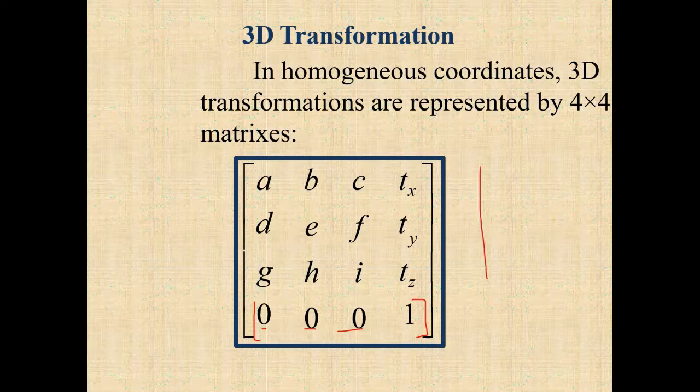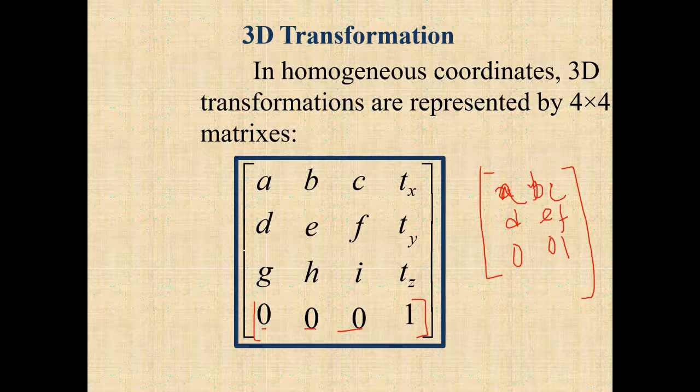In 2D transformation, we saw A, B, C, D, E, F, but there the last row was 0 0 1. Here we are going to have 0 0 0 1. Actually, it follows the formation of the identity matrix, or you can say the upper triangular matrix. So first of all, let's talk about the 3D translation.